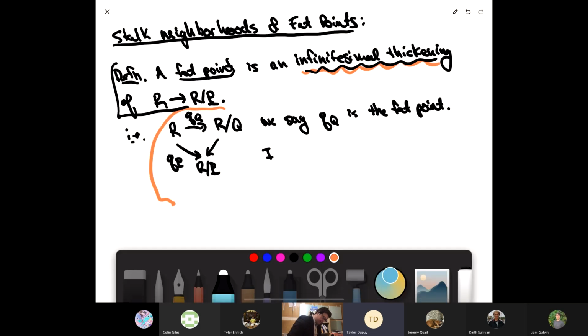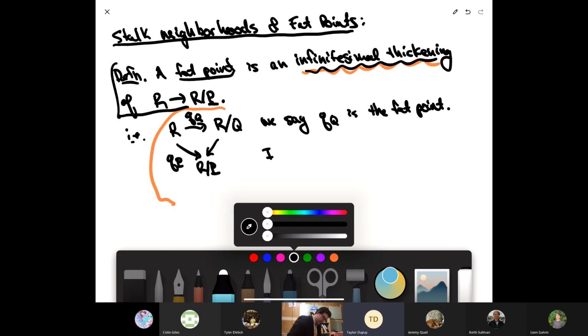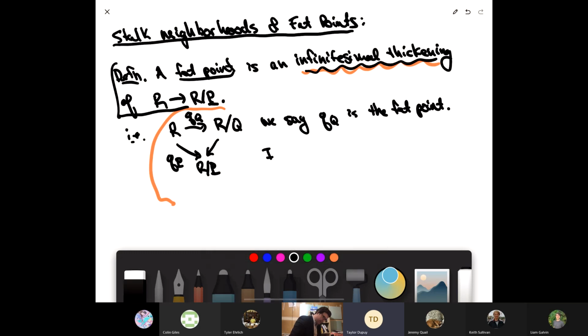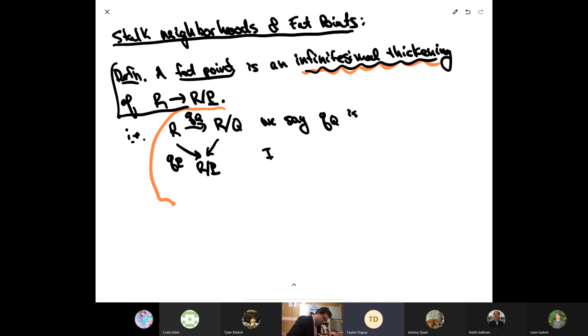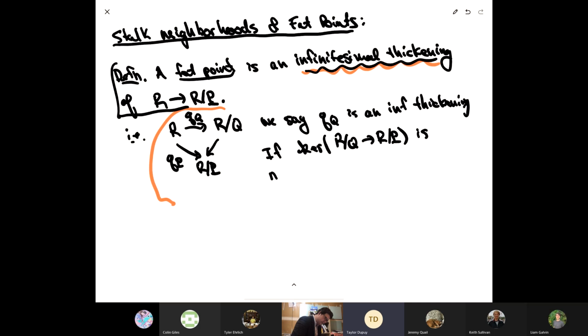So let's do it this way. R mod Q is an infinitesimal thickening if the kernel of this map to R mod P is nilpotent. Okay, so this is the definition.